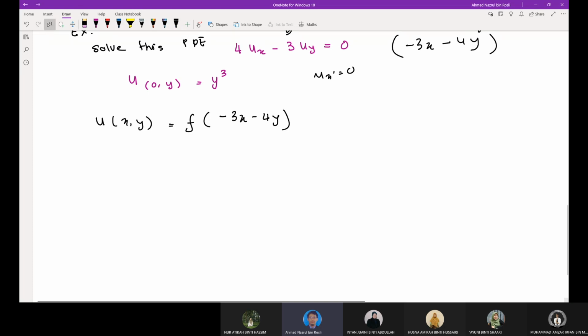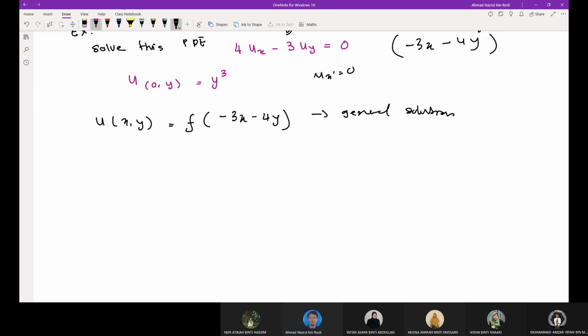Yep, saya punya mic on. Okay. So this what we call as the general solution. And to find this, we know that u0y is equal to y3. And this also uxy is equal to f minus 3 minus 4.